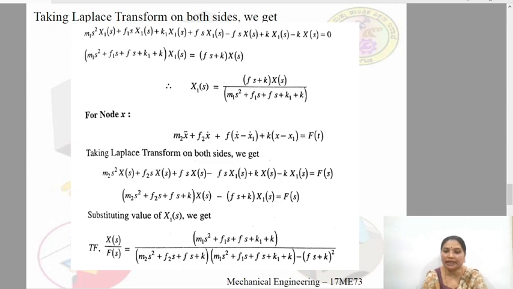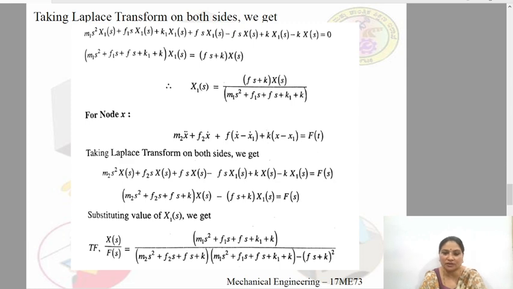Taking the Laplace transform and the common terms, we write the equation as m2 s square X of s plus f2 s X of s plus f s X of s minus f s X1 of s plus k X of s minus k X1 of s equals F of s.